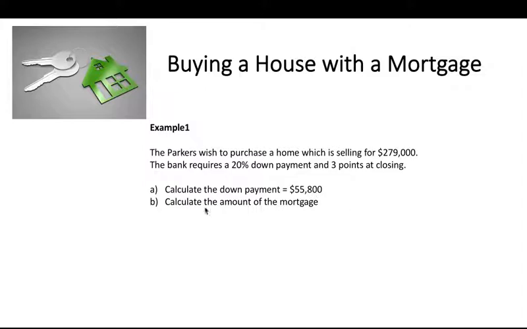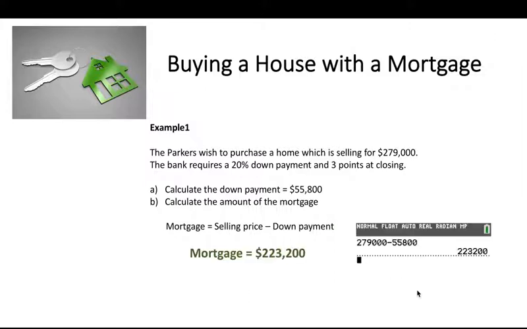$55,800. So now we need to calculate the amount of the mortgage. They are paying $55,800 up front. To figure out how much the mortgage is going to be, which is the balance of the selling price and what they are paying up front, we're going to subtract the selling price, $279,000, minus the down payment, $55,800.